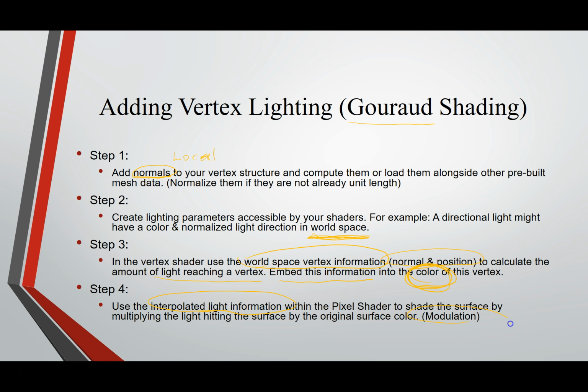That's called modulation. It's basically taking your original surface color, and the surface color is absorbing some of those light channels and reflecting some of that back, so you see the final intensity.